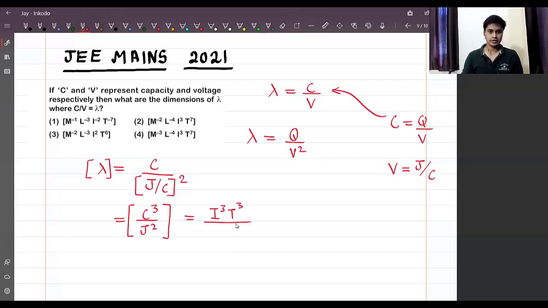And joule is the unit of energy. So kinetic energy is mv square, that is M L square T minus 2, this whole thing squared.